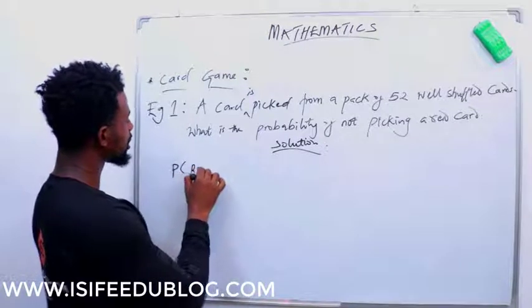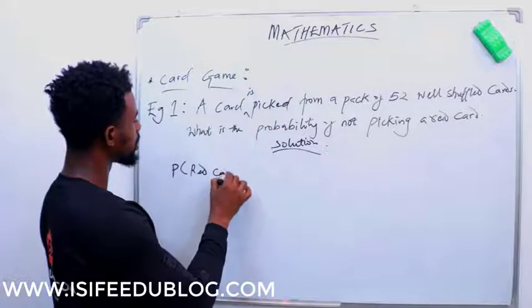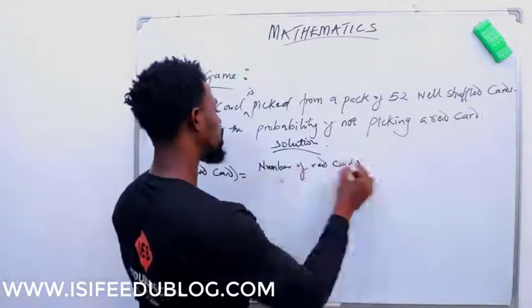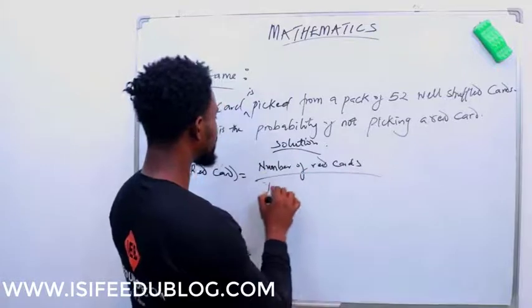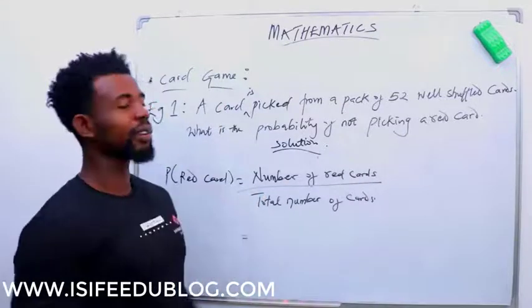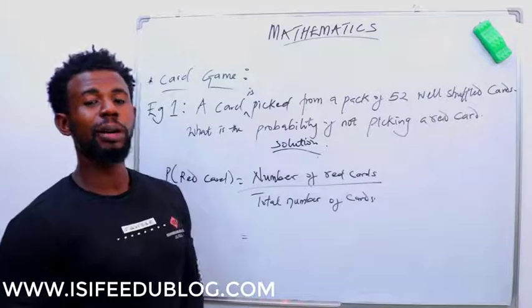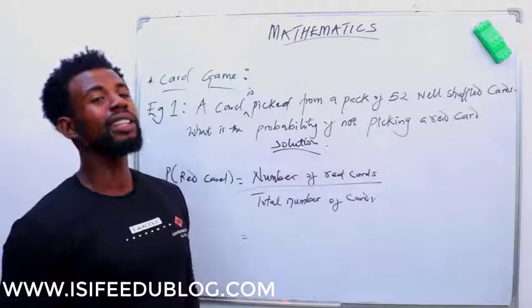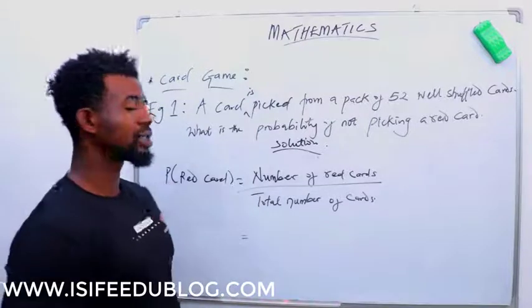So what's our probability of picking a red card? The probability of picking a red card is equal to the number of red cards all over the total number of cards. And I remember we talked about the standard probability for picking a particular color under card games, right?